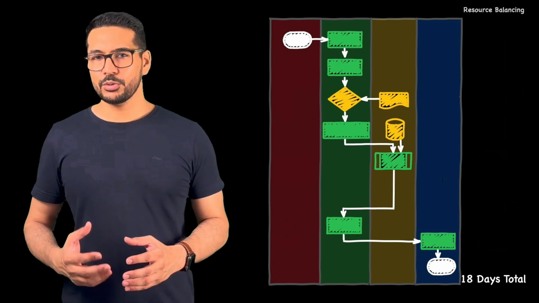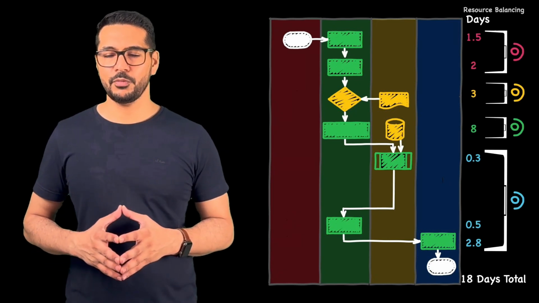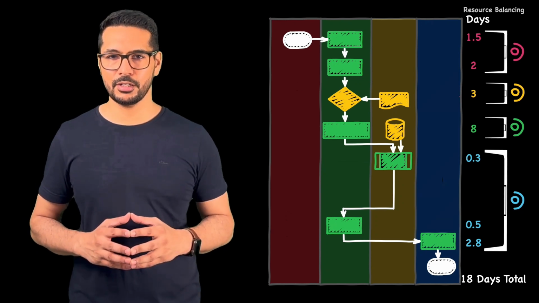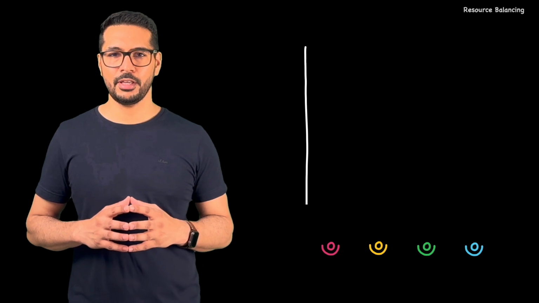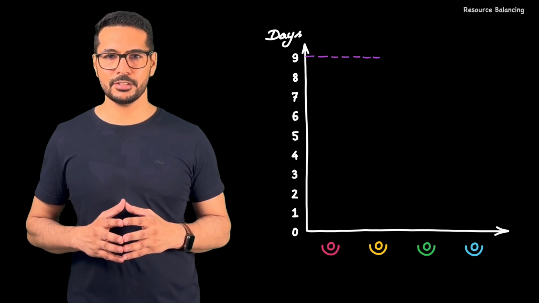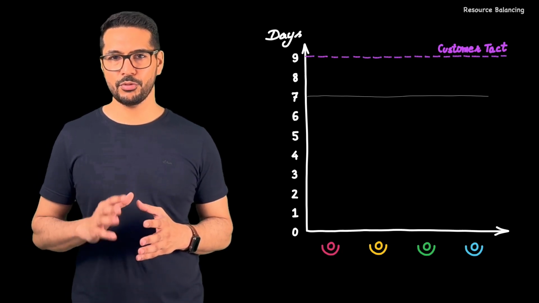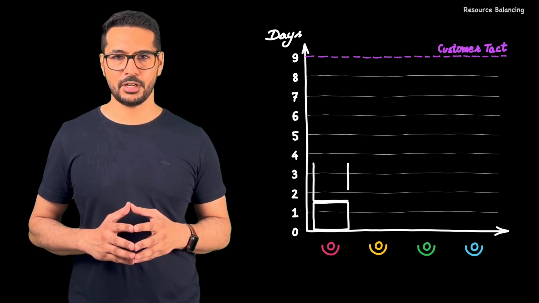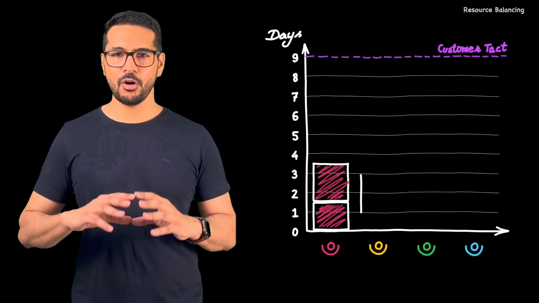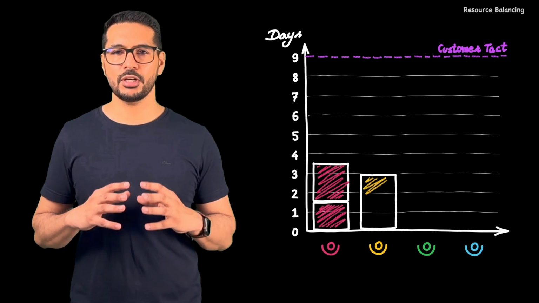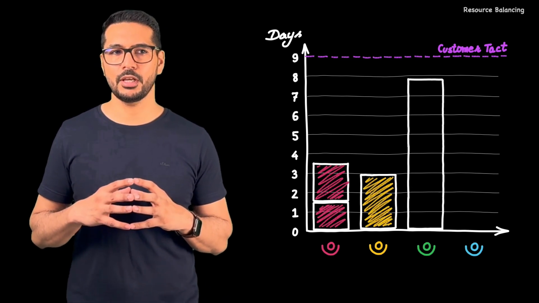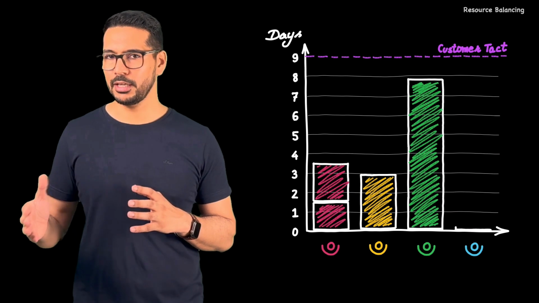For resource balancing, let's visualize the information we have so far in a graph. Here in this graph we can see 7 tasks which are performed by 4 employees, and we have the customer target of 9 days. It means all these activities which are being done in one project have to be delivered within 9 days.